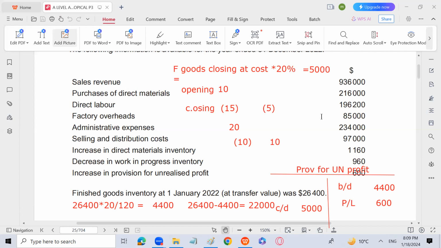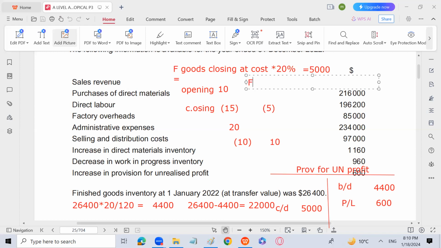Because 20% is the markup, and whatever the amount is for finished goods closing at cost, which is still unknown, if we multiply it with 20%, the answer should be 5,000, because that is the profit included in finished goods closing. Because if we want to calculate transfer price, then 20 over 120 is going to be the application. But here we can do it in a simpler way. I will multiply it with 20%. The amount is going to be 5,000.